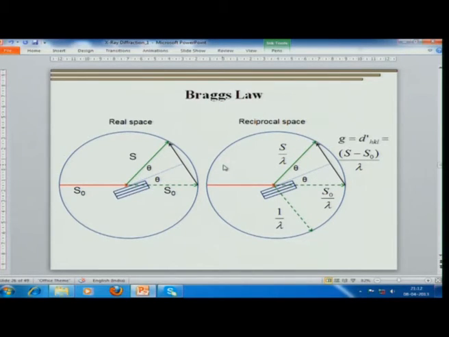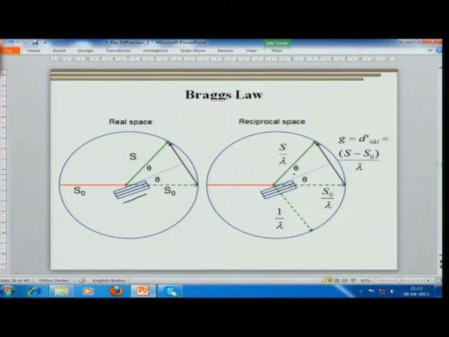So, this is how I have shown Bragg's law in the real space on the left hand side, wherein you can clearly see S0 being the wave which is incident on the crystal, which gets diffracted in the real space. In the reciprocal space, instead of talking about length, we talk about reciprocal length, and therefore we have this 1 over lambda term coming over here.